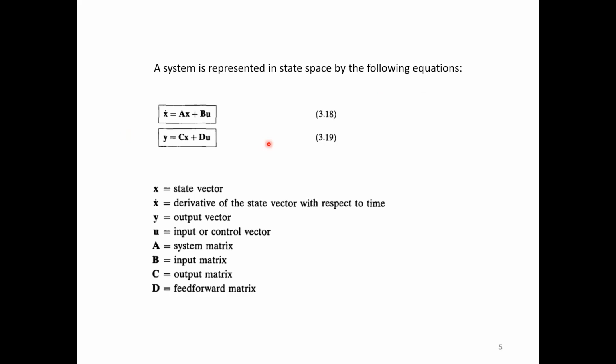First equation, x dot is equal to Ax plus Bu. X dot means the derivative. What does dot mean? If we write dx by dt, then we can write it like this, x dot.